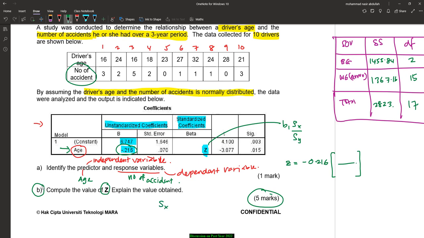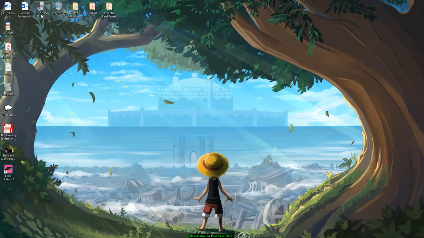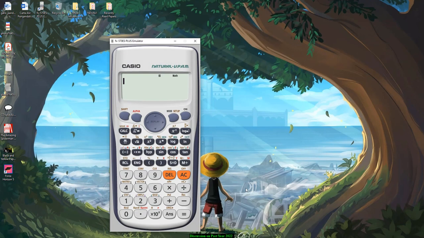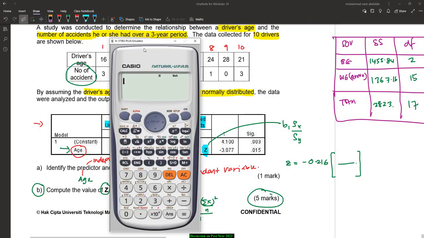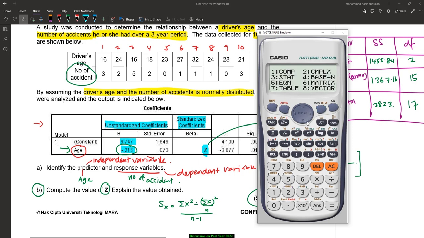Standard deviation for X should be summation of X squared minus summation of X, and then you square divide by N, everything divided by N minus 1. Right? So you can just input the value into calculator. So kita tekan, let me open my calculator. Right, kita masukkan value dalam calculator lah.